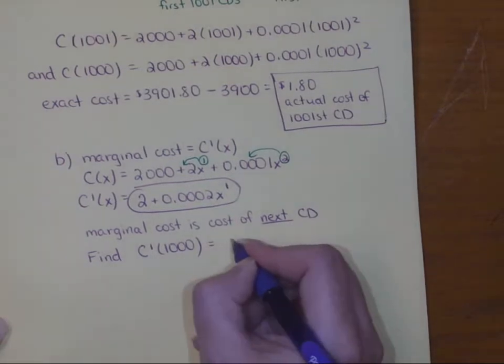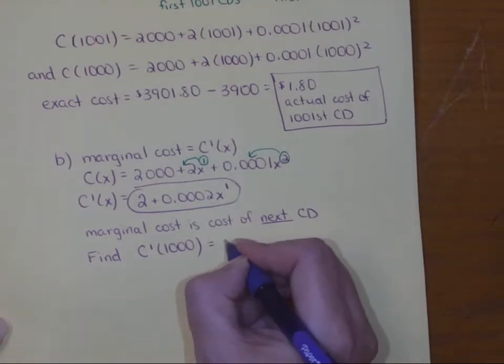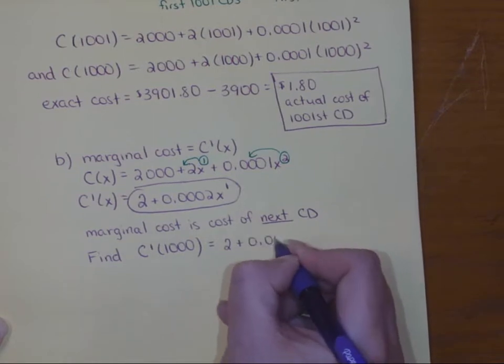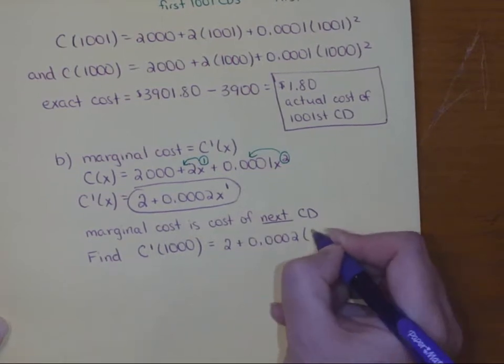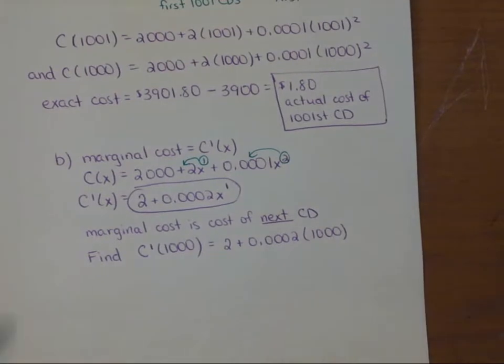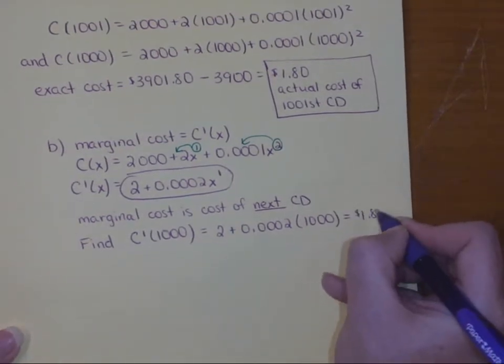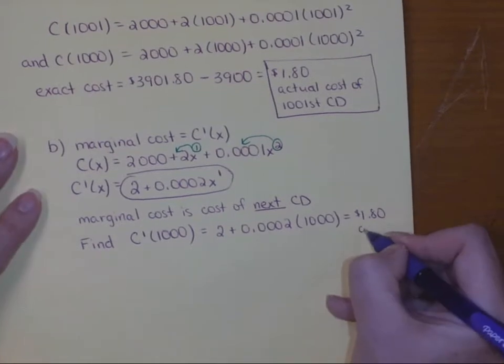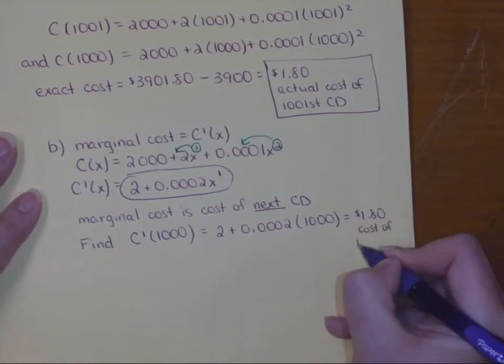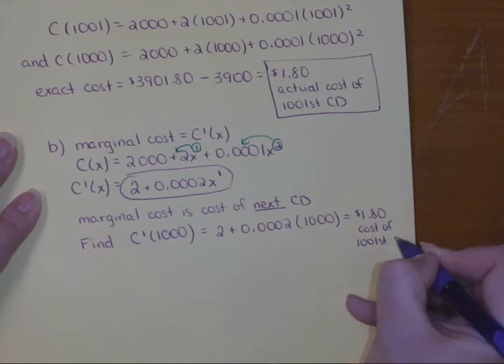So notice we get 2 plus 0.0002 times 1,000. Notice we get $1.80 here. And again, this describes the cost of the 1,001st CD.